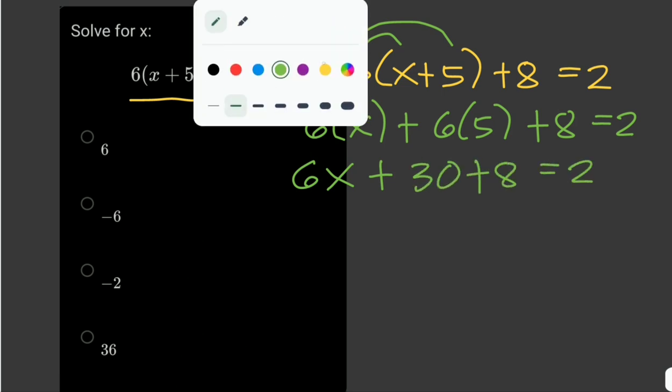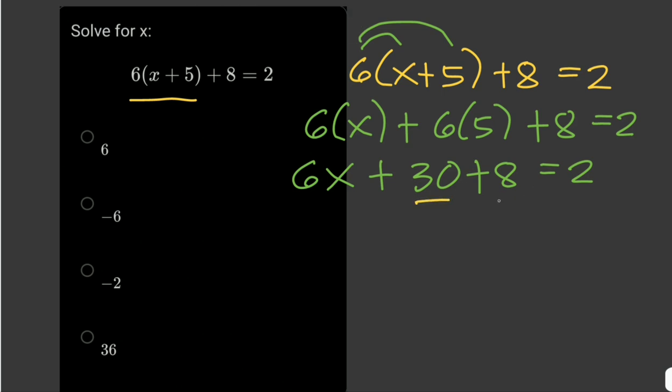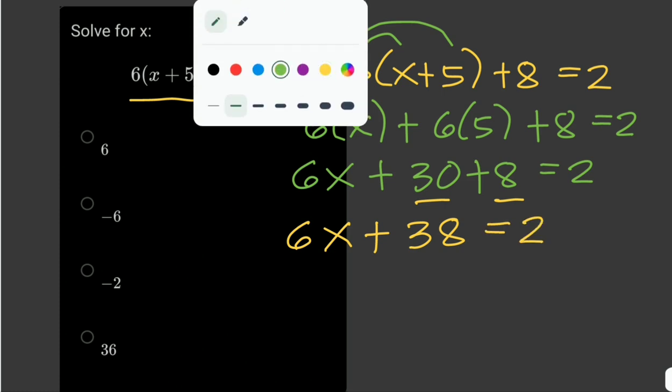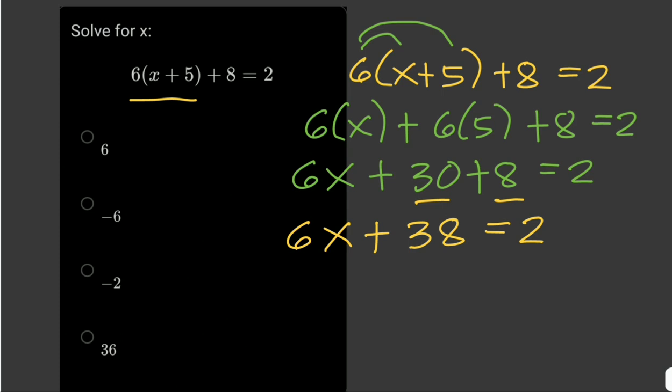And then we group like terms. Here are 30 and 8, so we can add them up together. So that would be 30 plus 8, which is just equivalent to 38, equals 2. And then we subtract 38 from both sides.